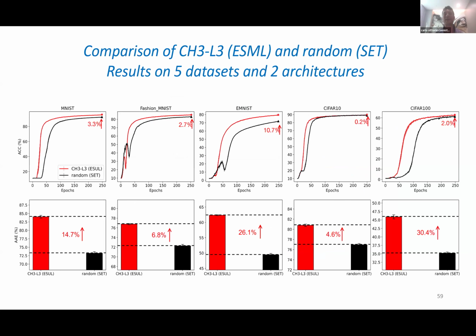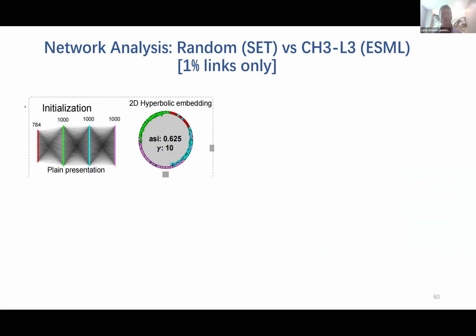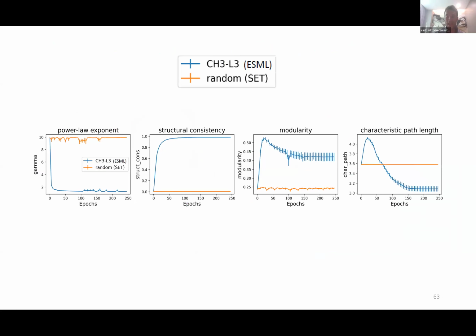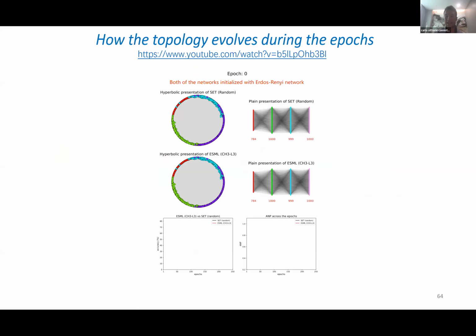But this is not all. Now we go to a more complicated problem, but the time is finishing. I have 2 minutes. I just show you a video and the final results of recent research. This video compares, in the upper part, the embedding in the geometrical space of the network, a 1% sparse multi-layer perceptron, if grown at random. Down below, the plot is if you grow with the rule of link prediction.